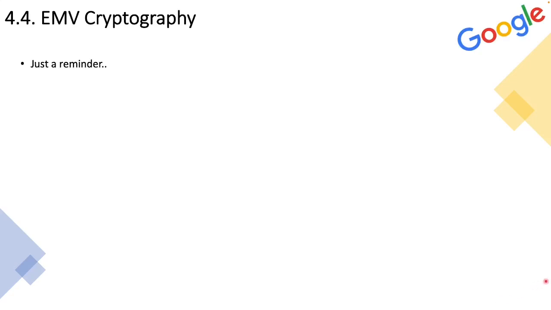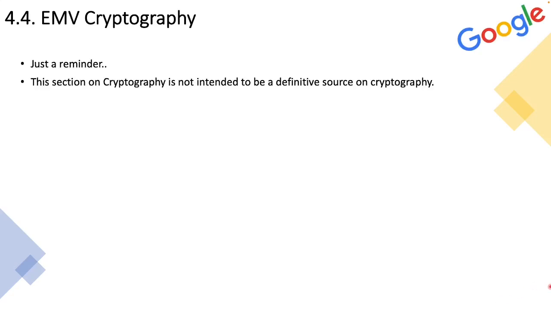All right, just a reminder. This section of cryptography is not intended to be a definitive source of cryptography. So, if you're expecting more in-depth and detailed analysis or breakdown of how the actual cryptography takes place, sorry, there just simply isn't enough time to do that in this training, given that the focus is actually EMV, right?